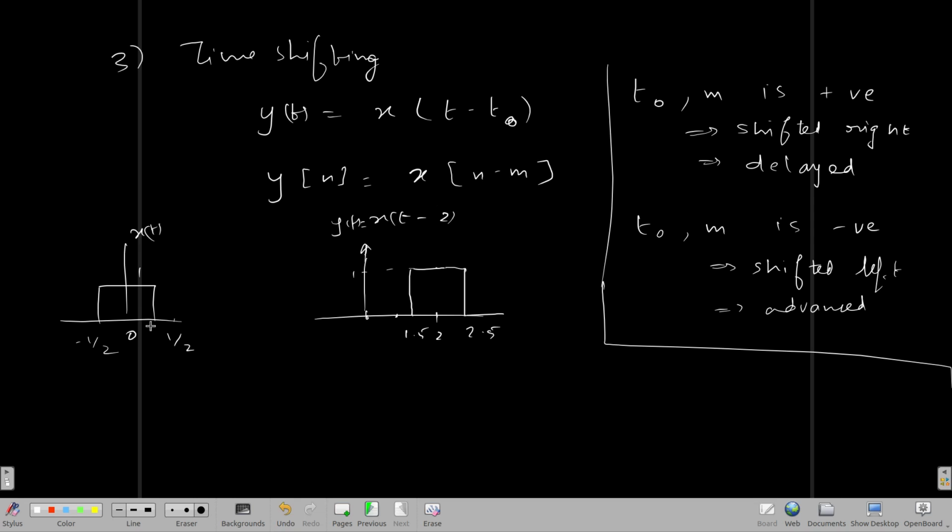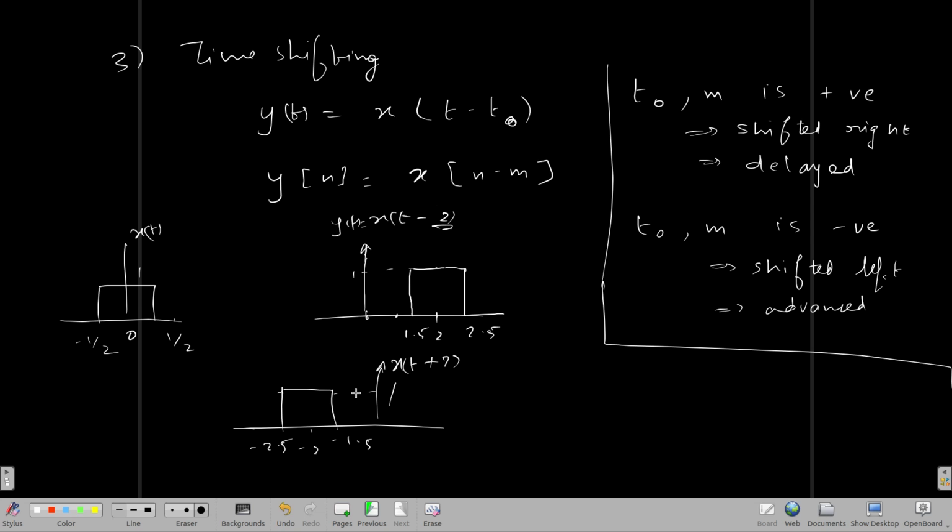You can see nothing else is happening. The only thing is that each and every point of this particular signal is shifted to the right by this much value. What would happen if this was t plus 2? It would have shifted leftwards: minus 1.5, minus 2, minus 2.5 with this value as 1.